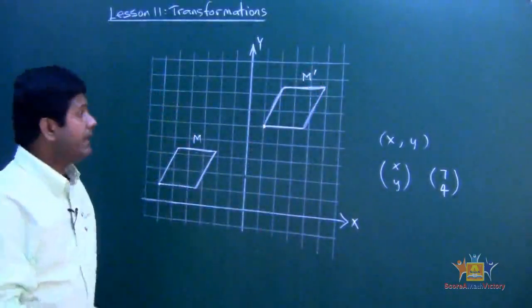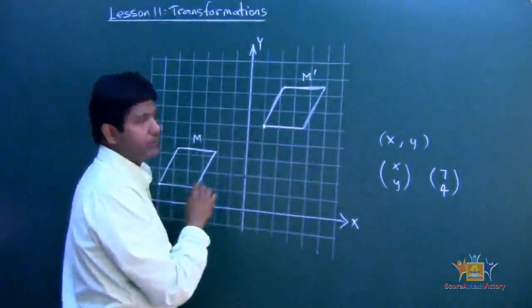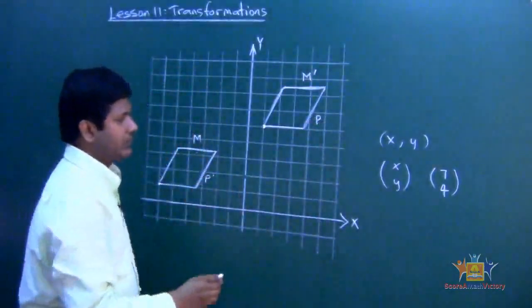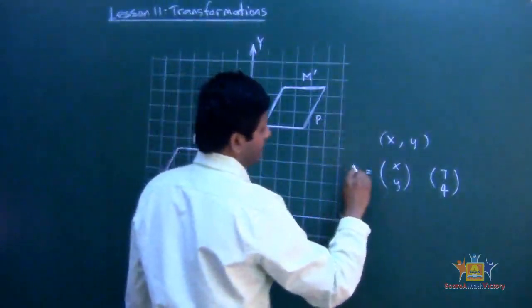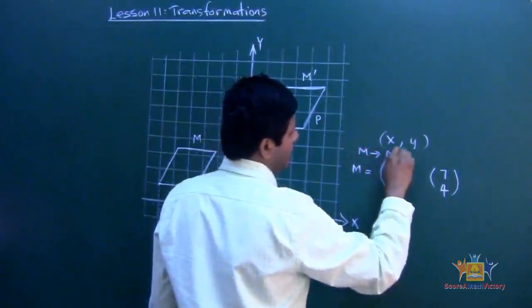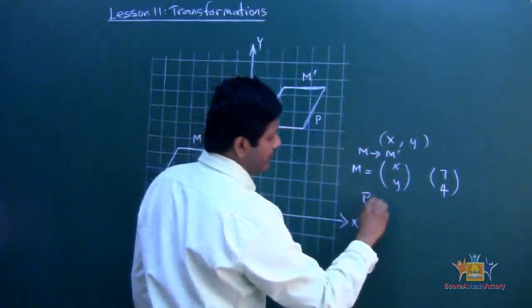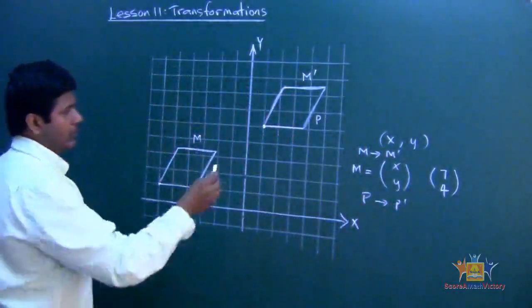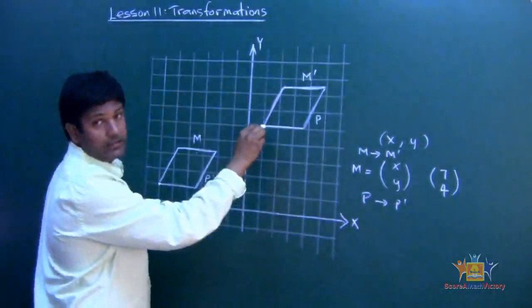Now what happens if this is the object and this is the image? Let's say it's P and then P image. In this case, this is M mapping to M image. So what about P mapping to P image? Which one do I start with first?